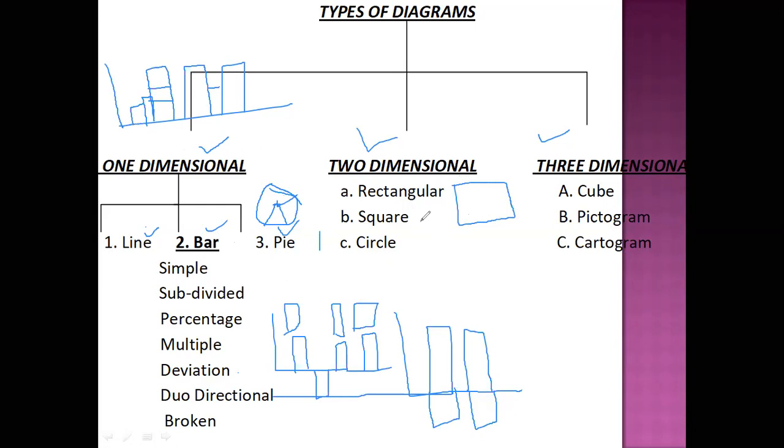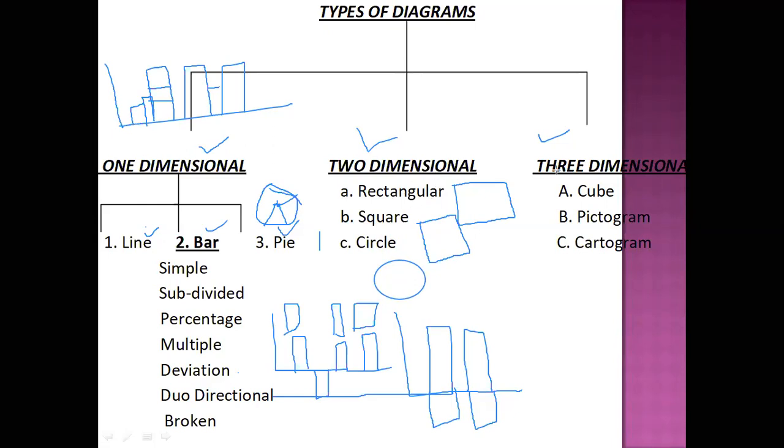This will be in a square form, all 4 sides same. Then circle. Okay. Data will be presented in a circle form. These are two-dimensional diagrams. In two-dimensional diagrams, the length and width will be shown as 2 dimensions.